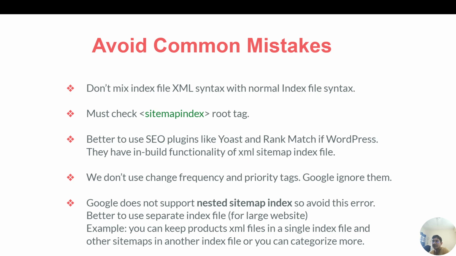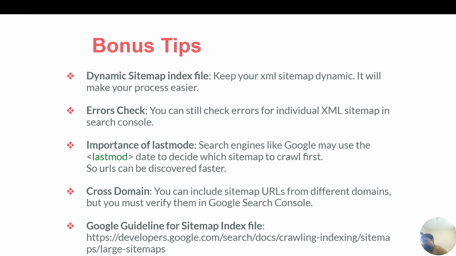It's not necessary that you have to maintain 50,000 URLs. You can keep 10, 20, 50, whatever. It's up to you how you want to do this for better efficiency, so that you can manage your website easily. It depends on you how you want to manage your website.